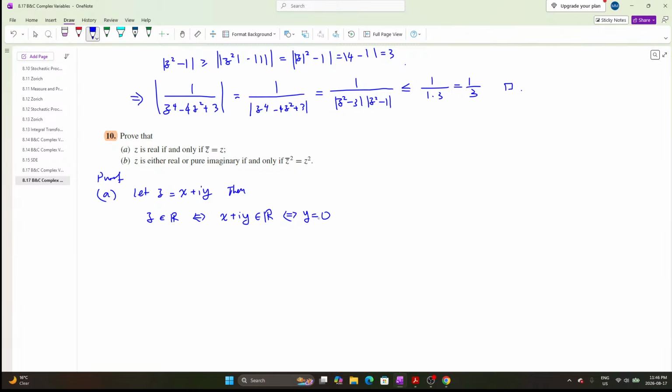Okay, when y is equal to 0, then this is equivalent to what we want, z bar equals z. So this is x plus iy equals x minus iy, which is the same as z equals z bar. And we're done. Okay, so this is part 8 done.